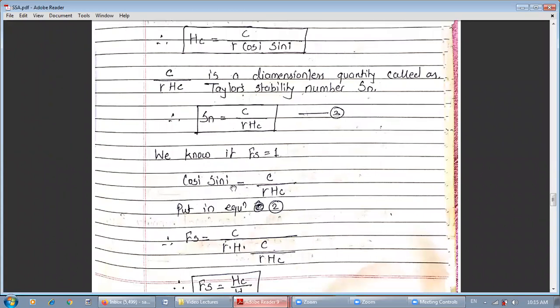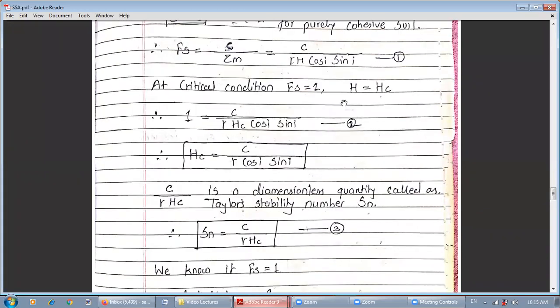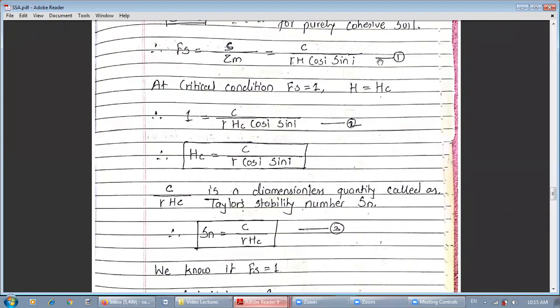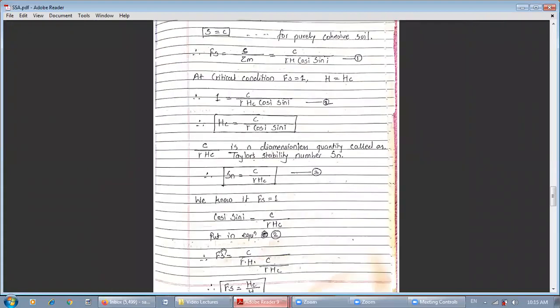Now we put this value of cos i sin i into equation number 1. You can see equation number 1 over here. The value of cos i sin i is C divided by gamma into Hc. We put it in equation number 1.